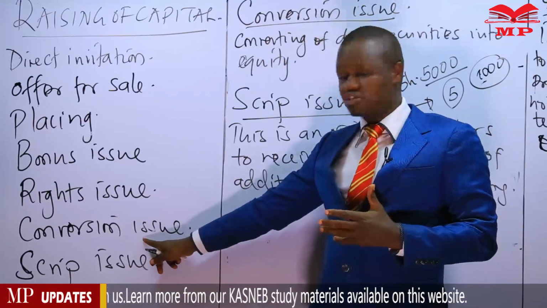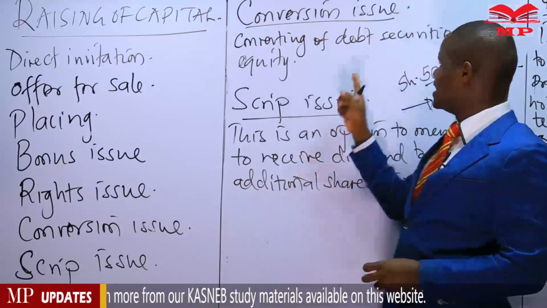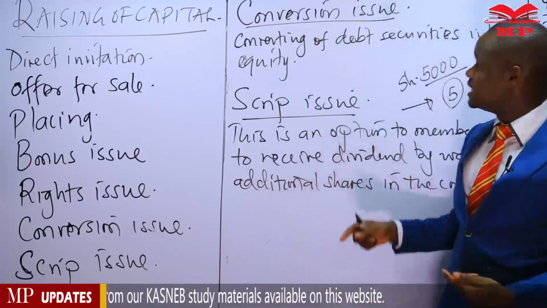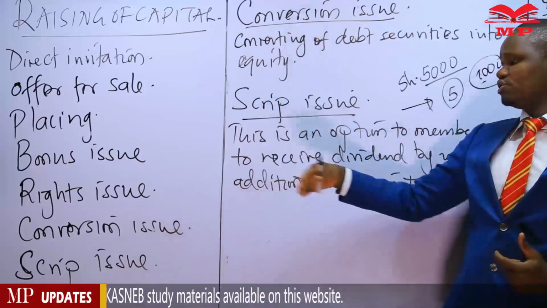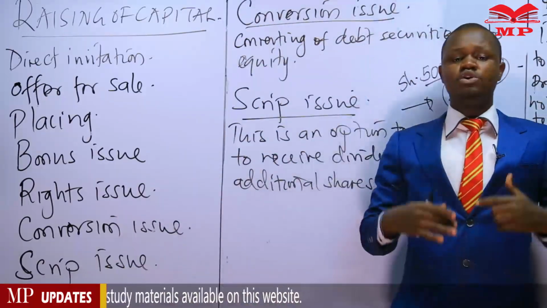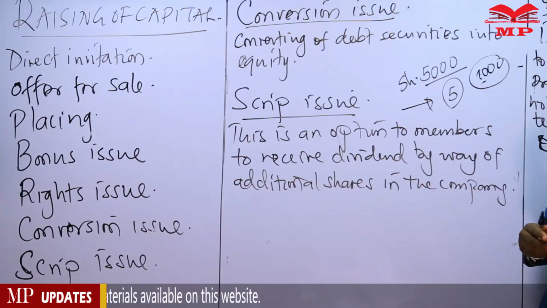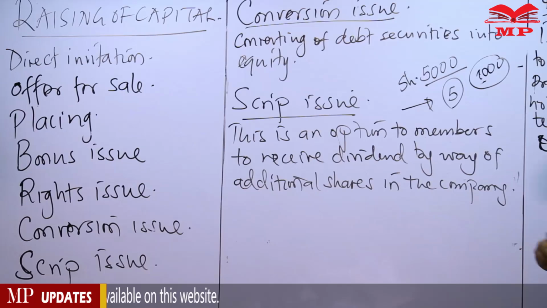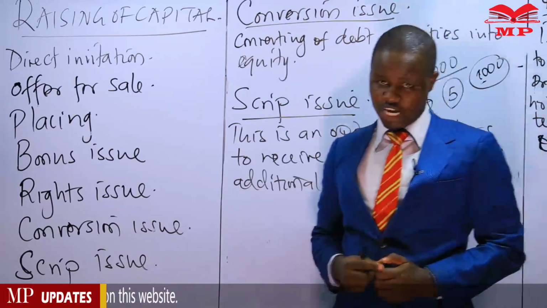Then the possibilities of a conversion issue, where the company is offering holders of debt securities the right to convert them into equity. The net effect being that our share capital, equity capital, is increasing. And finally, a scrip issue to those members who are receiving dividends, that we are giving them an option to take up additional shares instead of cash dividend. The result being, again, increasing the company's share capital.